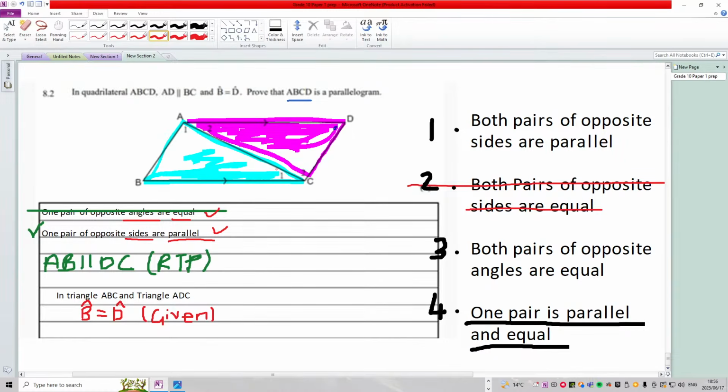Then we have C1 and A2. So in other words, we have C is equal to A. That we've got because of alternating angles.